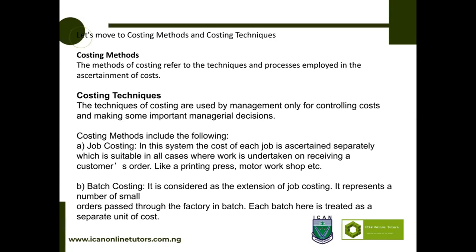Let's quickly check them one after the other. The first one is costing method. Like I said, costing method is a way by which we evaluate the cost of an item. What we usually do here is what we call product costing method, because everything about cost accounting is attributable to the cost of producing a product.